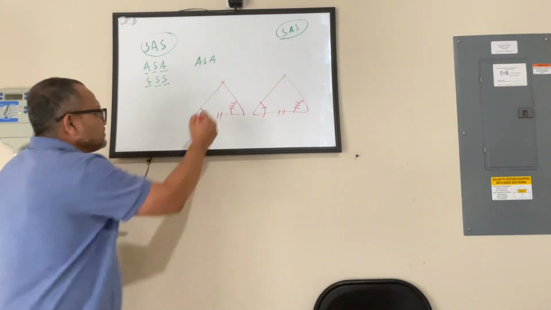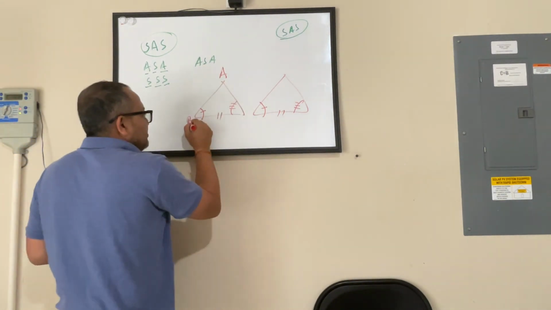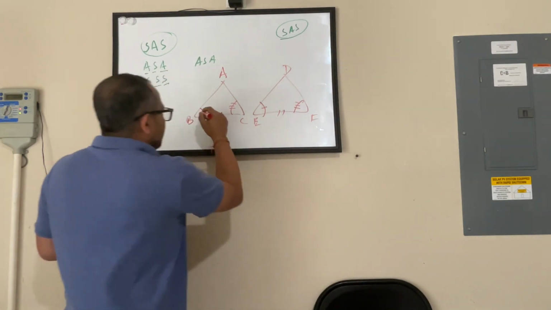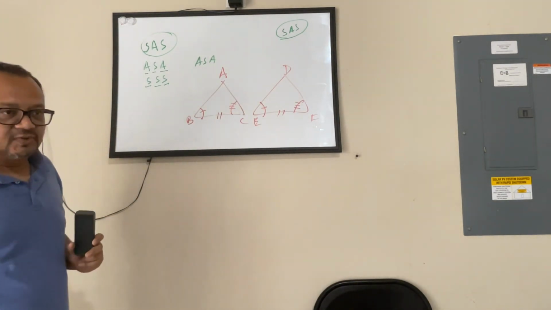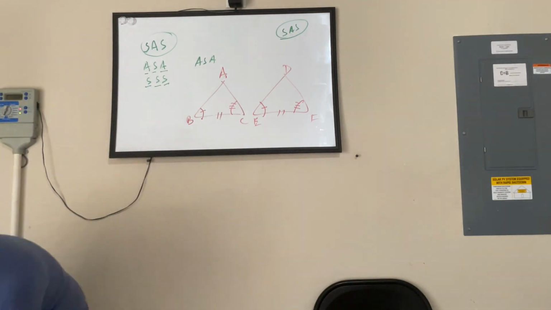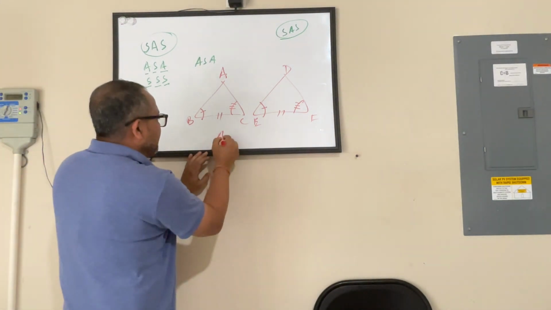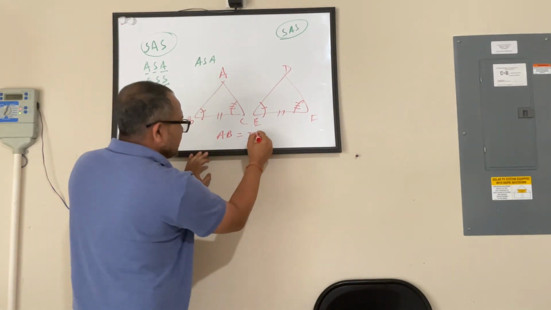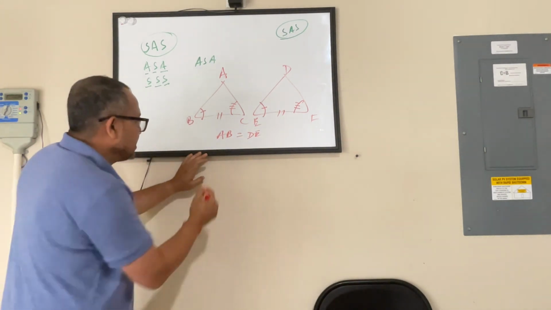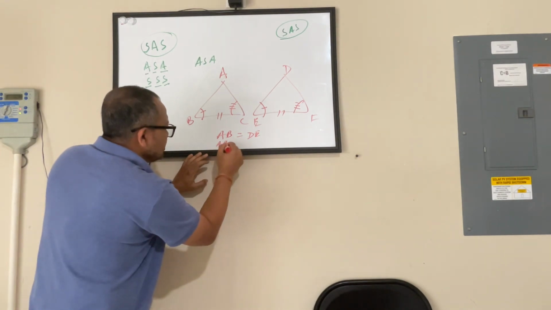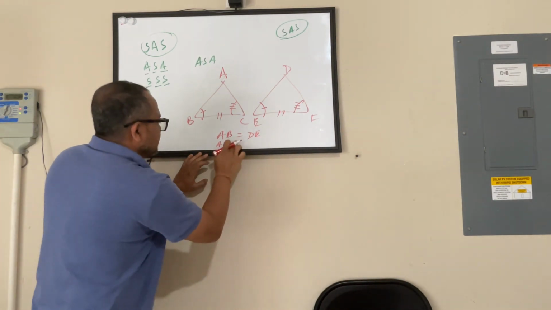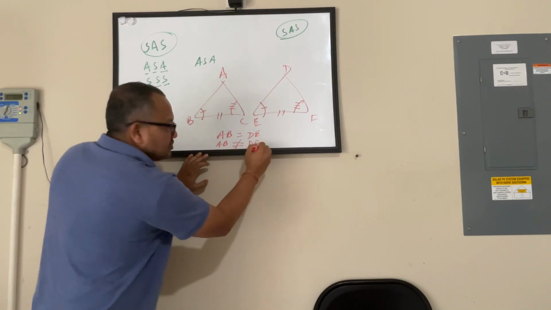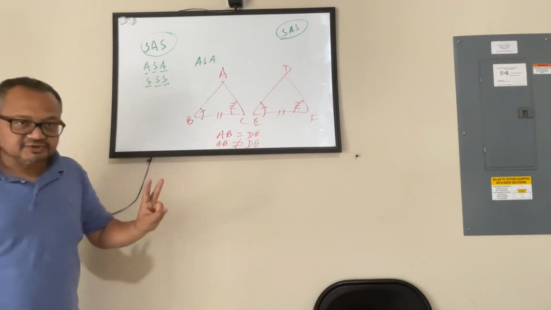Let's pick up this side, AB. There are two possibilities. AB is equal to DE. This is one possibility. Second, AB is not equal to DE. There is no third possibility, right? There are only two options.